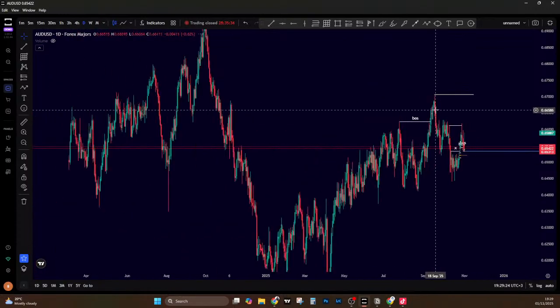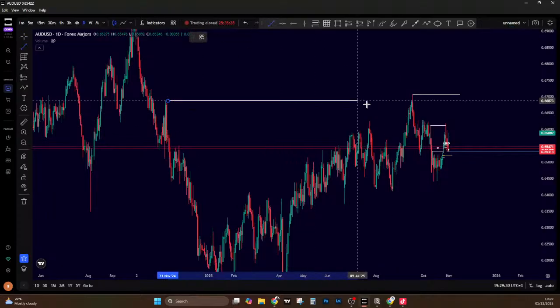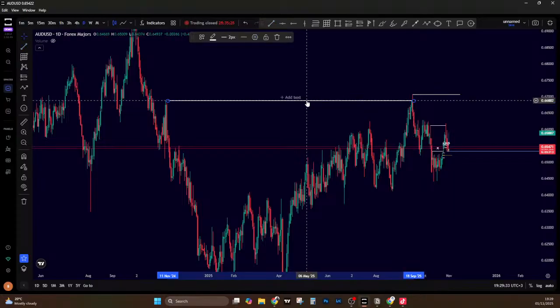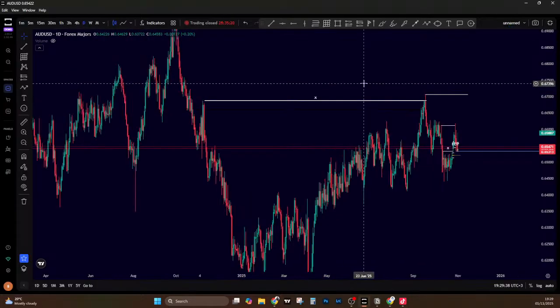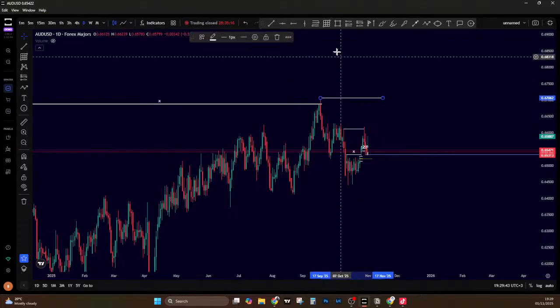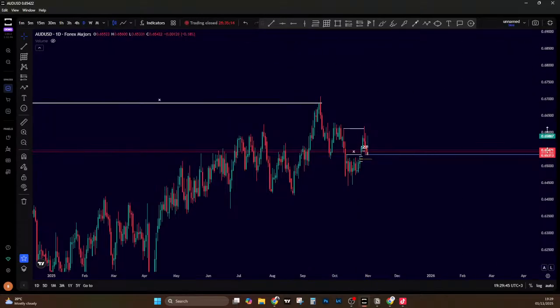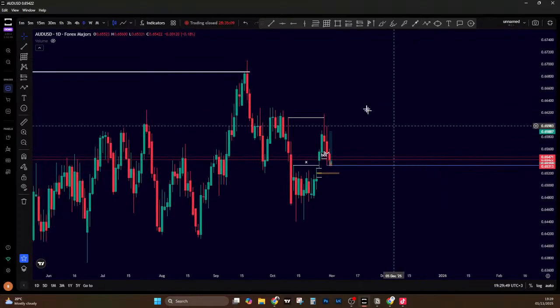So in the daily time frame, what I didn't see here last week was that this was a liquidity sweep. That was liquidity swept, and so we are not expecting the market to go up. We are expecting the market to go down.